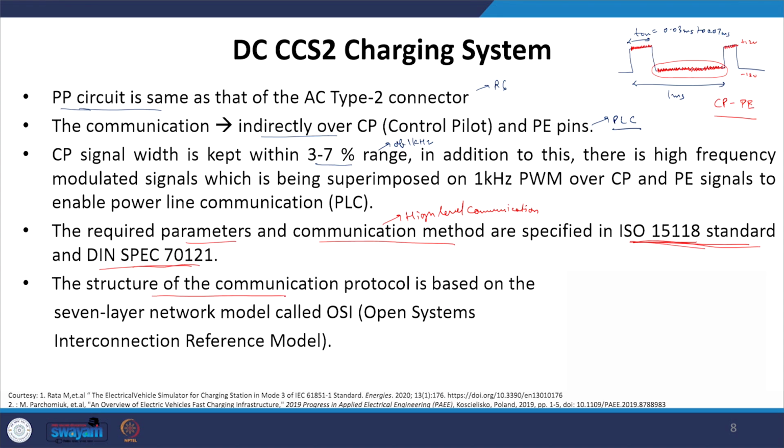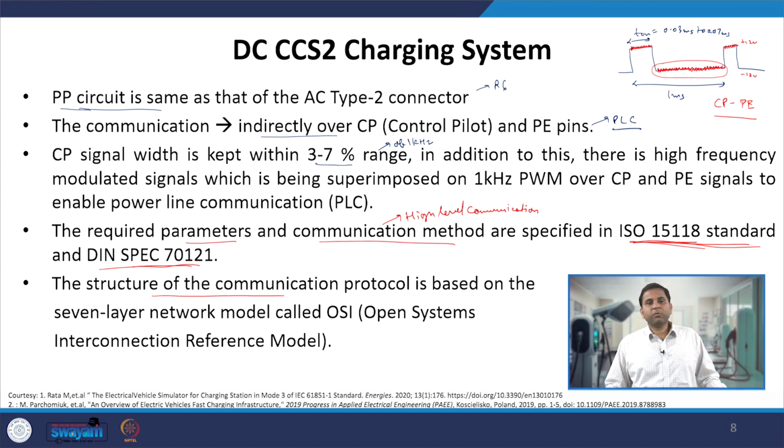Those protocols are structured in the form of a 7-layer network model, also called the 7-layer OSI model, which stands for the Open Systems Interconnection Reference Model. Just like two computers get connected over the internet, in the same manner the EV and EVSE system also get connected to each other, and they are governed by certain communication protocols which are arranged in 7 OSI layers.